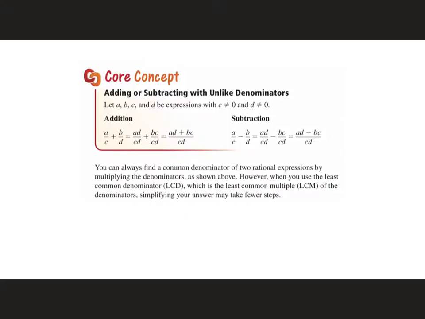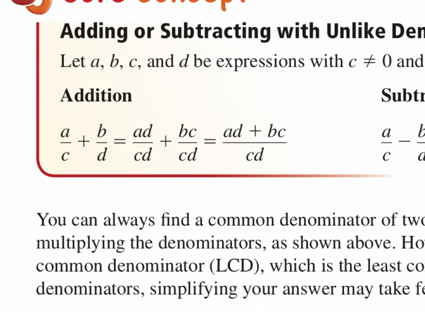So now we're going to look at what to do when we don't start with like denominators. So whenever we have two denominators that are different, we have to find the least common denominator, which is the least common multiple of the two denominators. So if we have a over c plus b over d, we multiply the top and the bottom here by d and the top and the bottom here by c.